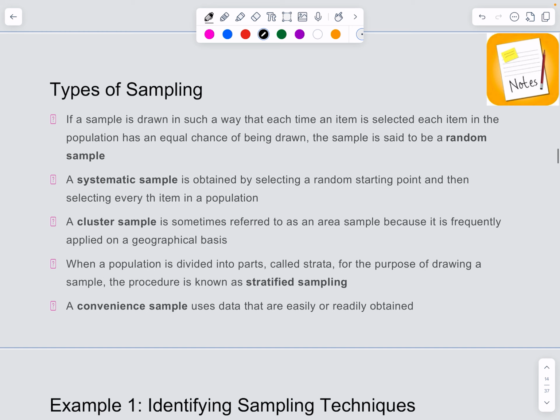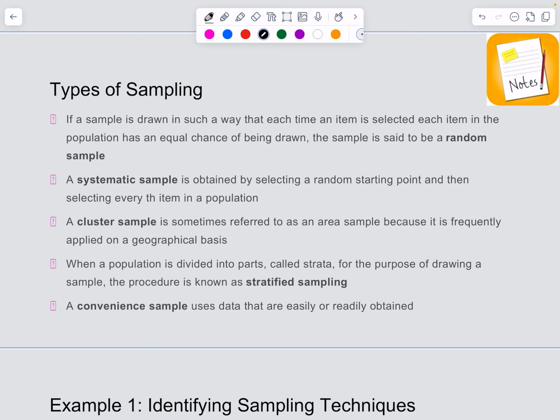Okay, let's talk about the types of sampling. If a sample is drawn such that each time an item is selected, it has an equal chance as all the other items, that's a random sample. Everything that you choose has the same probability of being chosen.